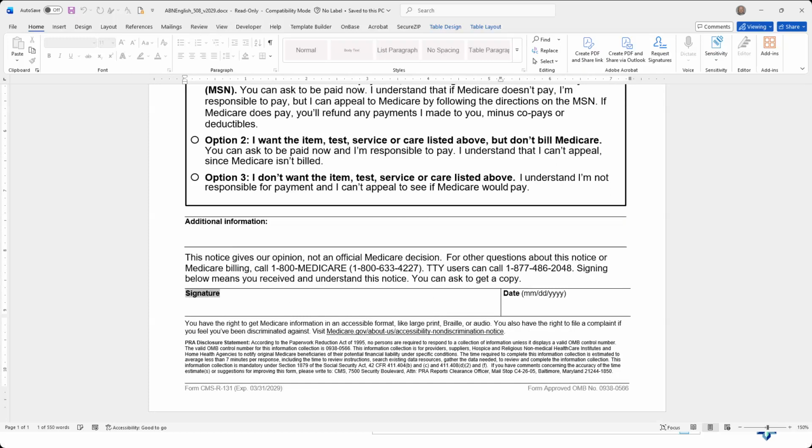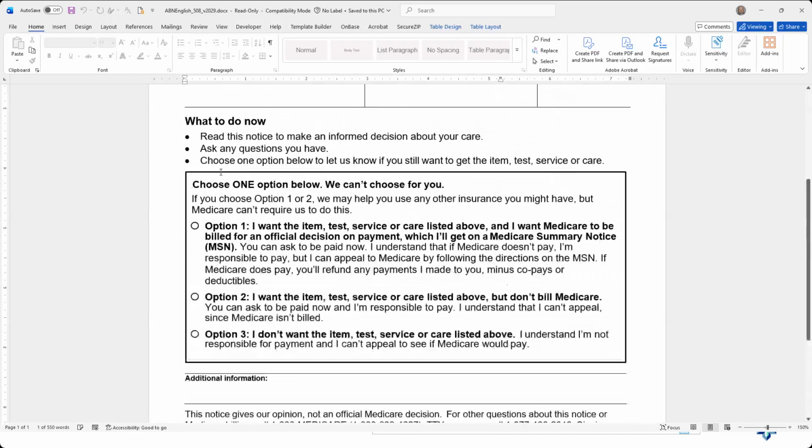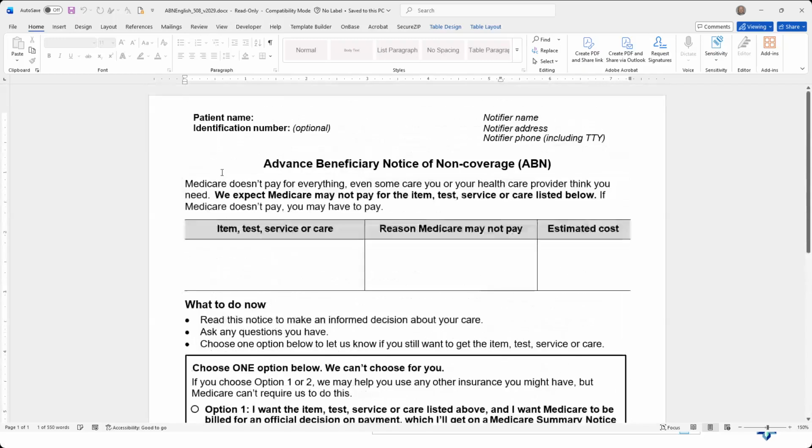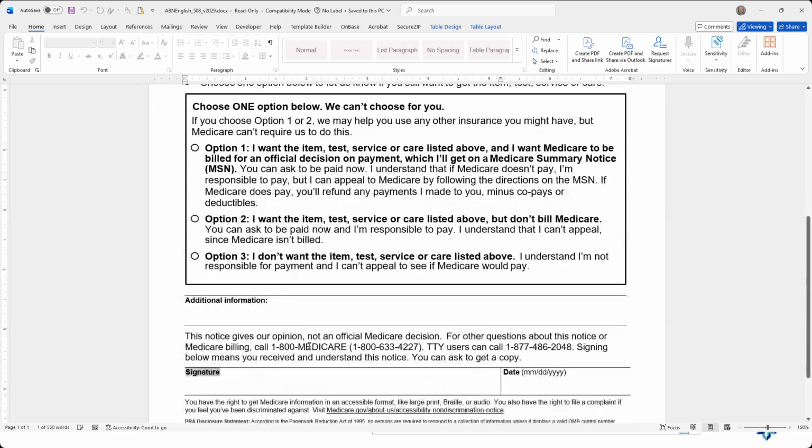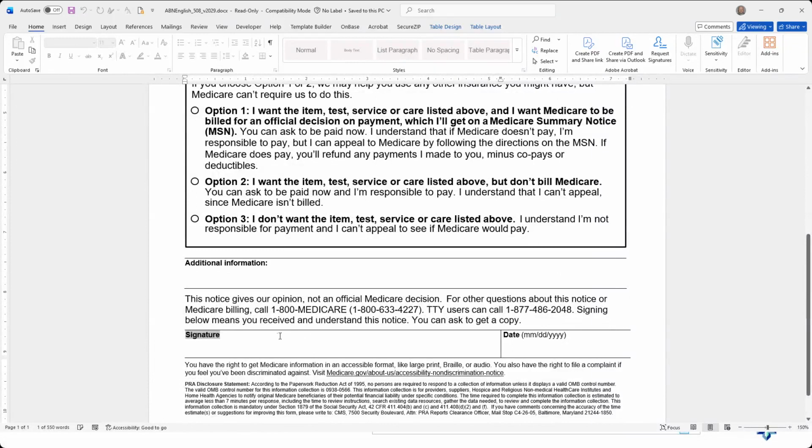So when we look at this and we say this is presented electronically, CMS says that's great, no problem. And someone has to go ahead and select an option, and you're saying, I select the option, but I still have the patient's signature somewhere. Can this be considered invalid?